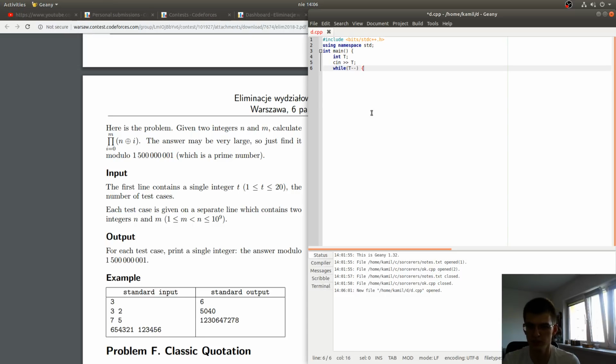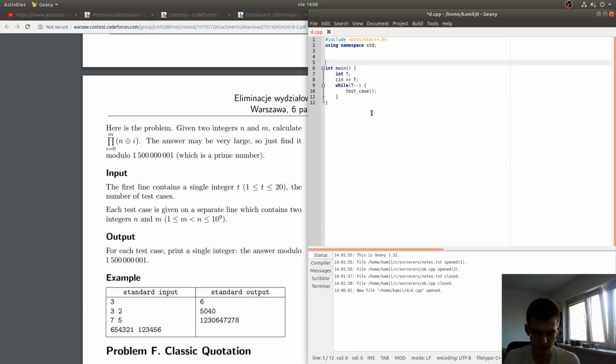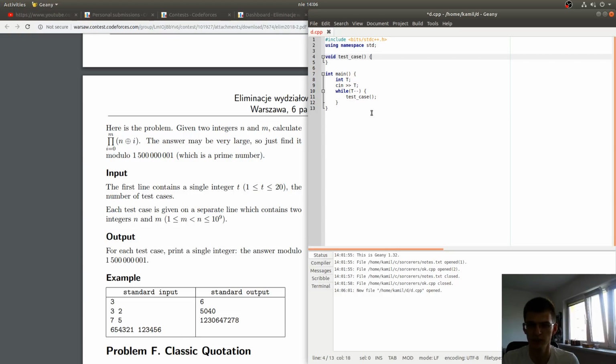As I said in some of the previous streams, it's good to create functions for separate things, not to write the whole block of code in the main. So a test case is a perfect example of something that we can extract into a separate function.